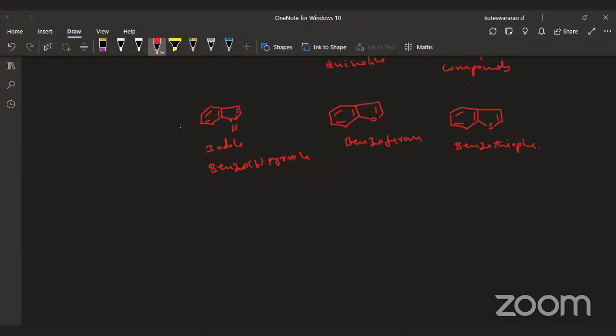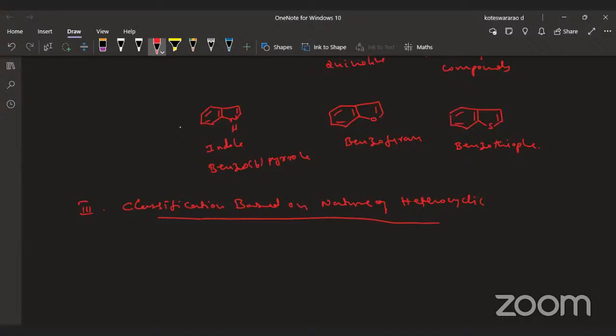Next, the last type of classification is based on the nature of the heterocycle.